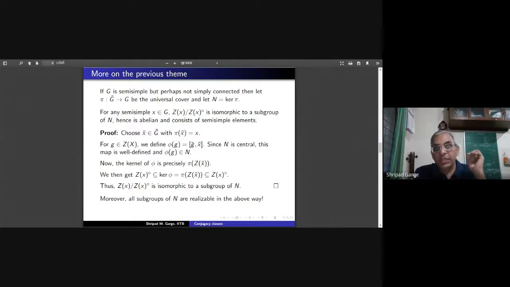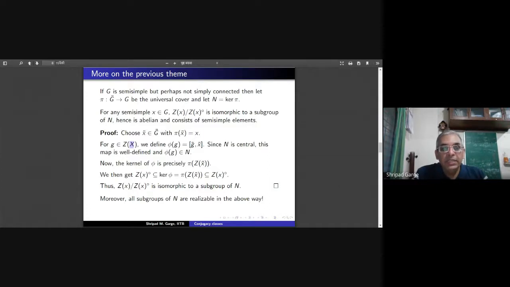So once you start with a semi-simple X, you choose any inverse image in G tilde under the map pi. Okay, so we have chosen this X tilde, which maps to X. Now we will define a map from Zx to N, and the map is defined in the following way.